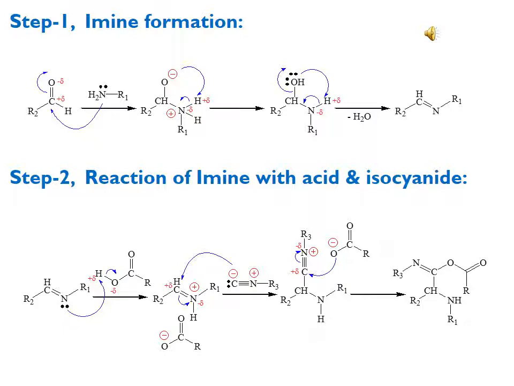So this carbon-nitrogen double bond moiety is acting like a carbonyl functionality, in which the carbon has an electrophilic character, and due to this electrophilic character, the nucleophilic carbon of the isocyanide can attack this carbon, and we get the product in which the isocyanide functionality is now attached to this carbon, and the carbon-nitrogen double bond has been converted into a single bond.